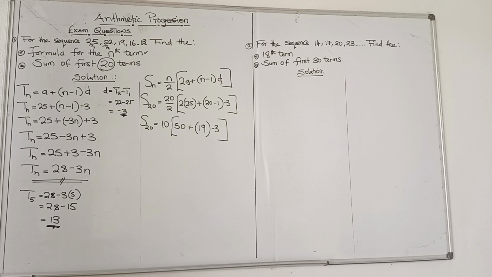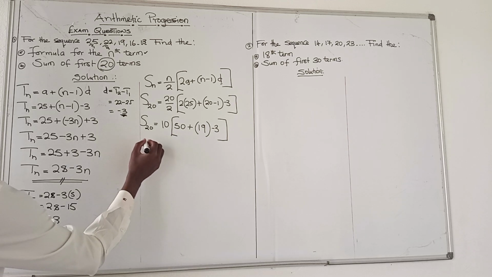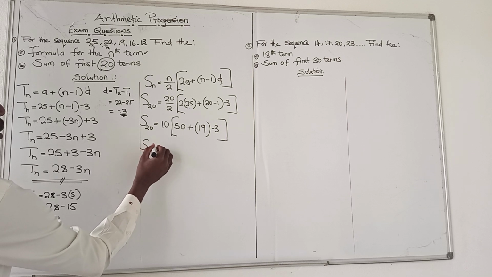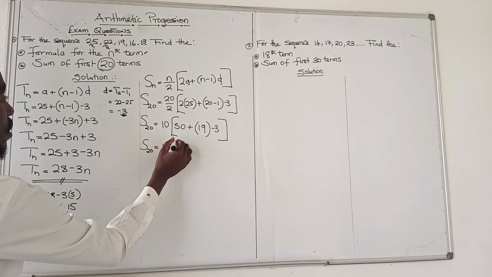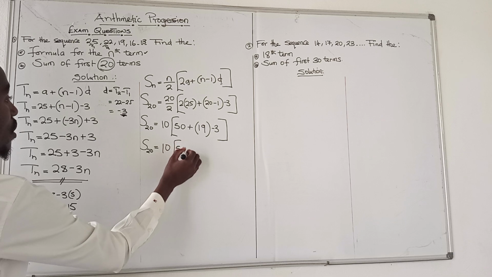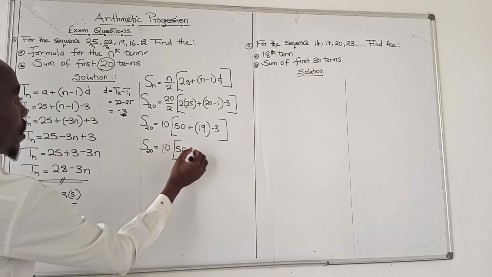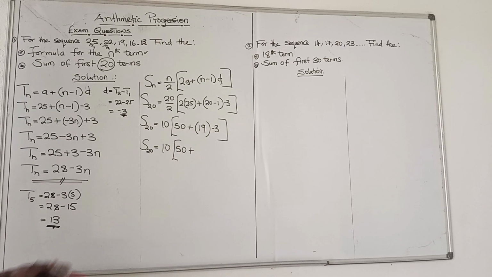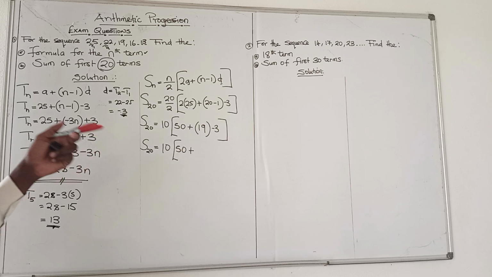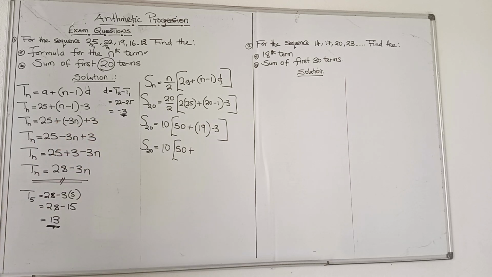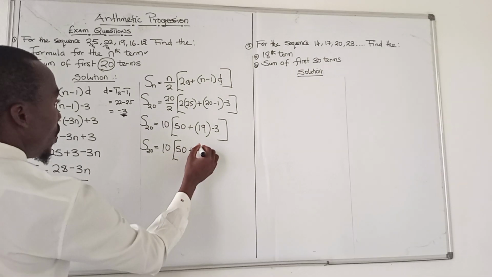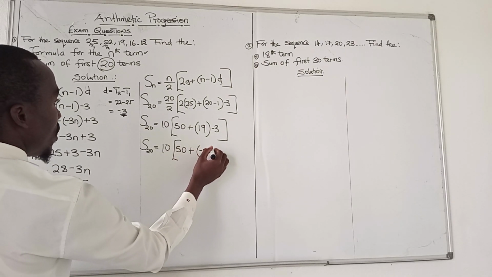So now, when we work out 19 times negative 3, what are we getting? We're going to get 57. So it's negative 57.